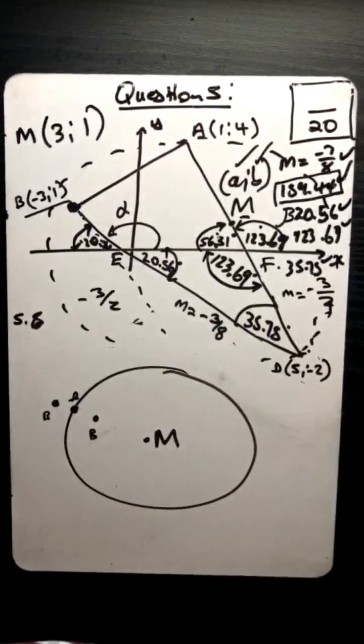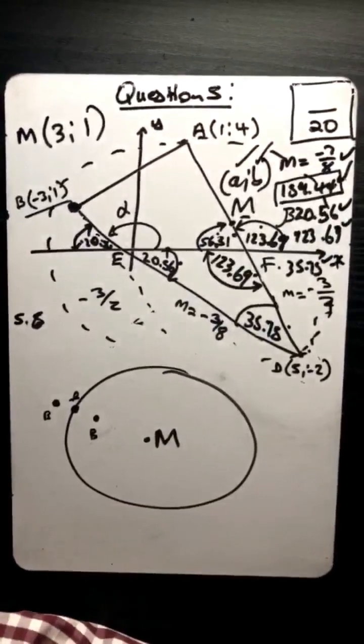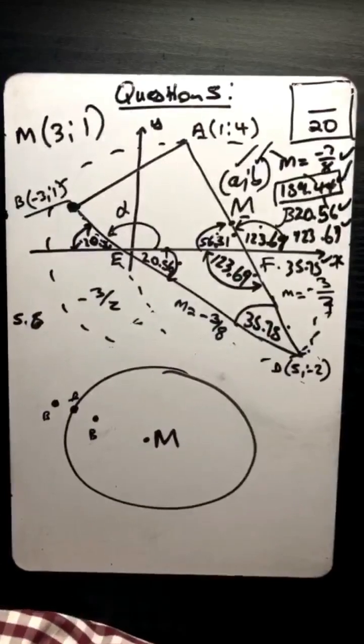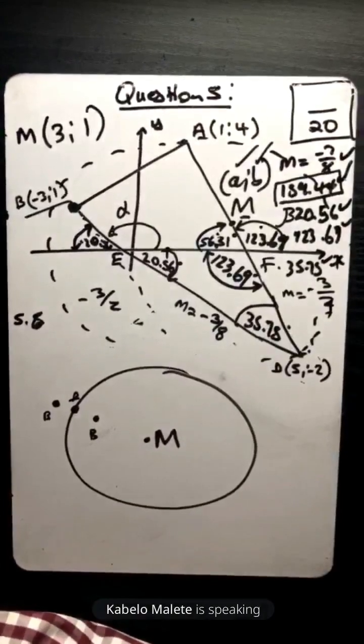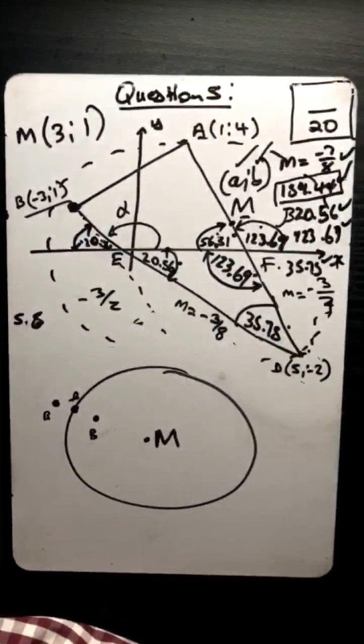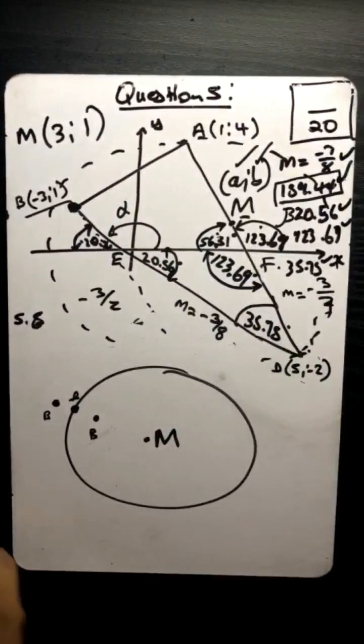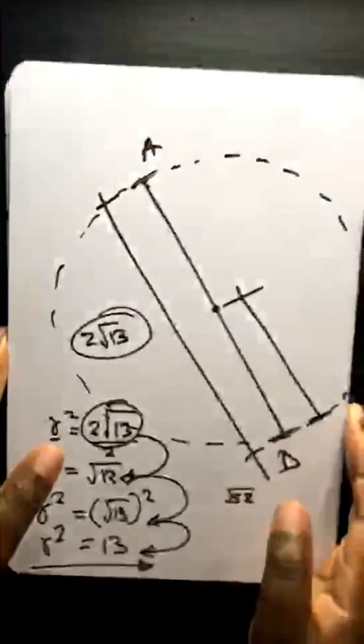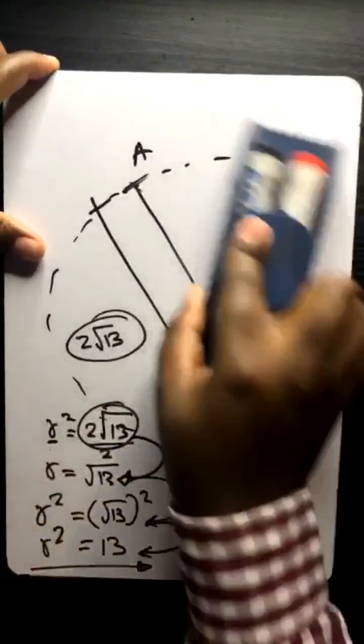This is a very interesting question, and these are the type of questions they ask. Yes, honorable member. Aren't you going to substitute the x and y values of B into the equation that you got? Let's try to discuss it further. Why would you do that, honorable member? Maybe let me write it down so that we can see what we can get out of that.